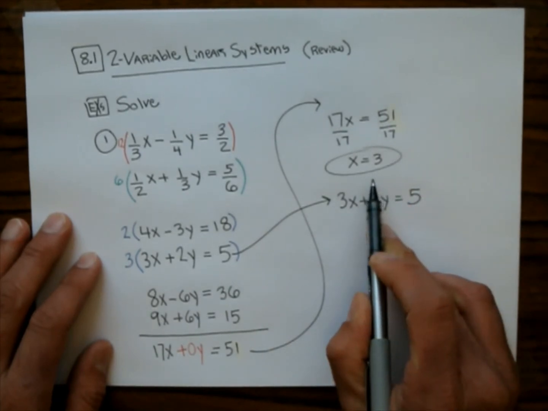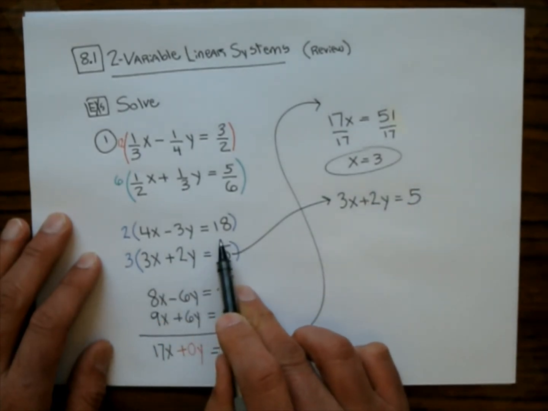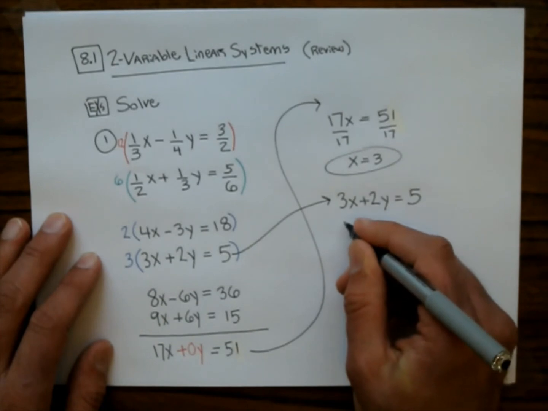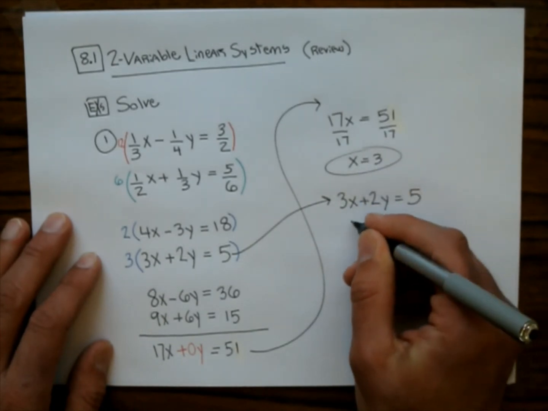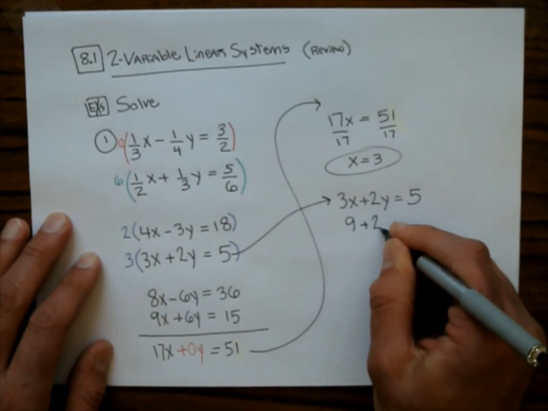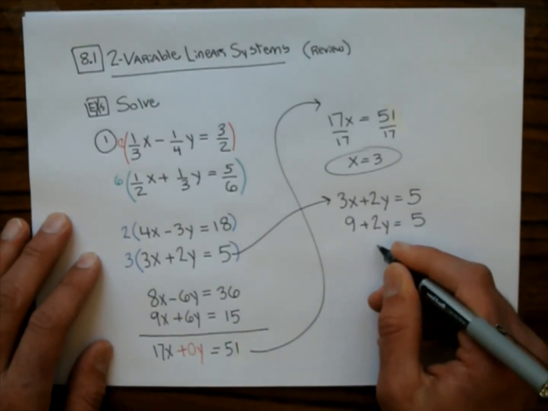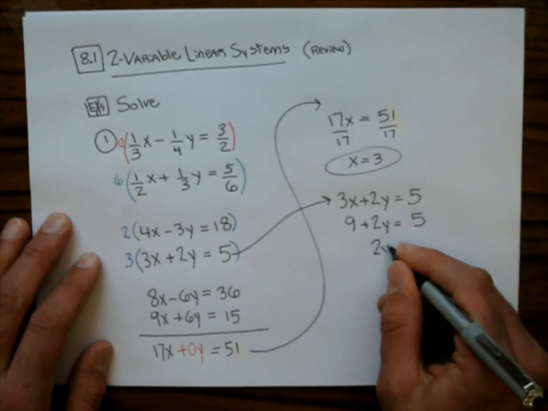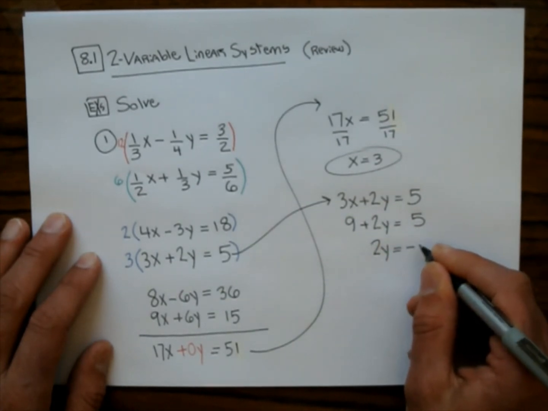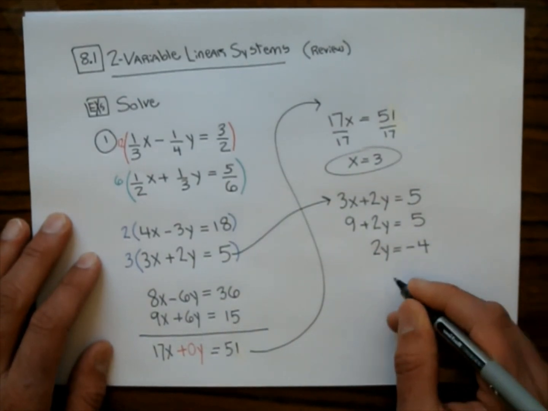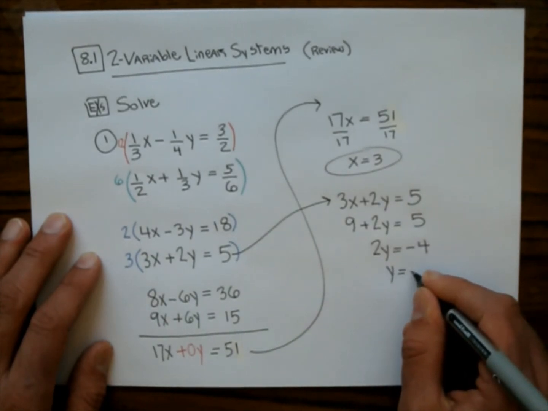But if you throw 3 into this equation right here, you'll get the same results. Okay, so this is 3 times 3 plus 2y equals 5. So this gives me 2y equals -4, subtracting 9 on both sides. Y equals -2.